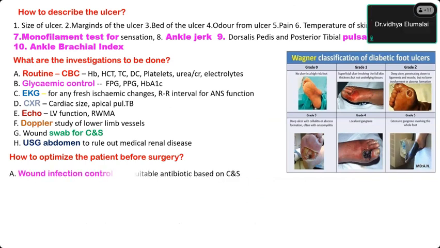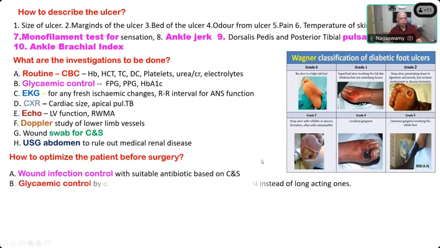So glycemic control with the help of insulin. Wound infection control with suitable antibiotic. Okay, this is of course most of the time the surgeons do that, but we have to know what antibiotic the patient is receiving. Then glycemic control by switching over to short-acting insulin, especially if the patient is on long-acting insulins, you have to switch over to short-acting insulins.